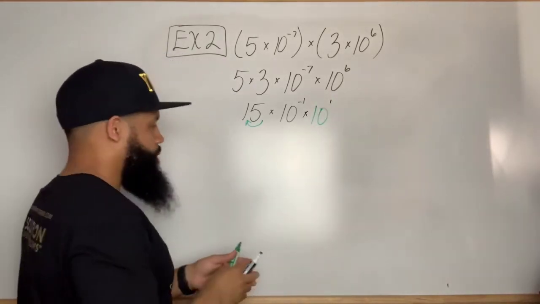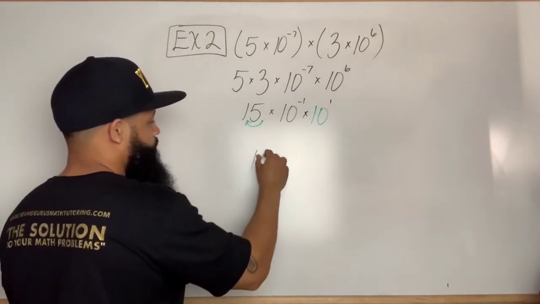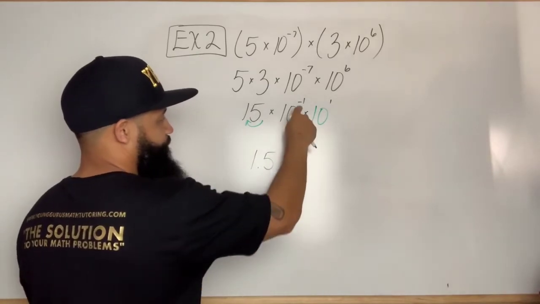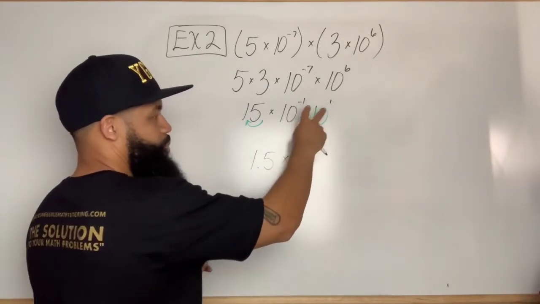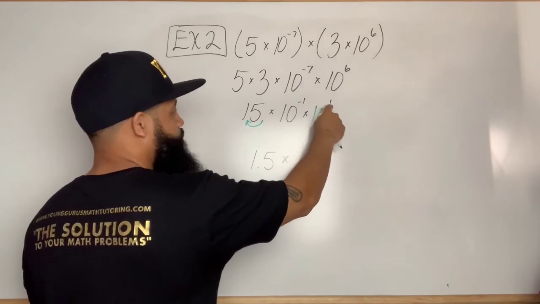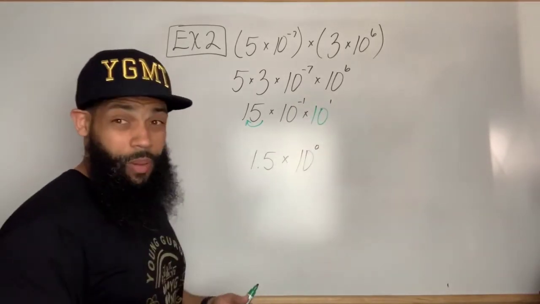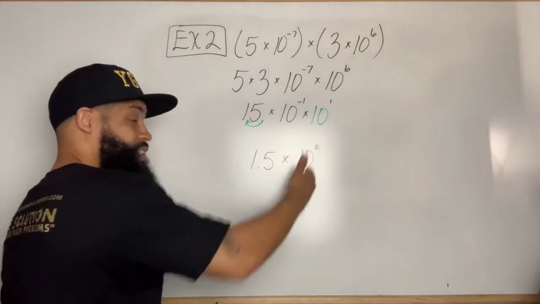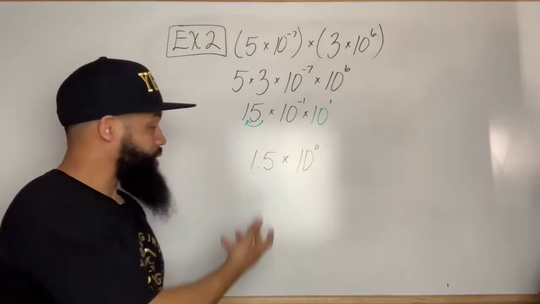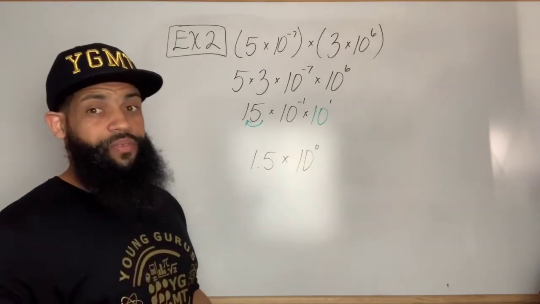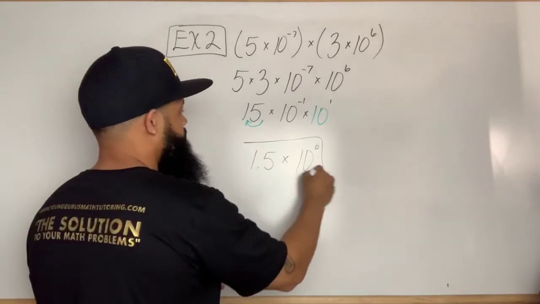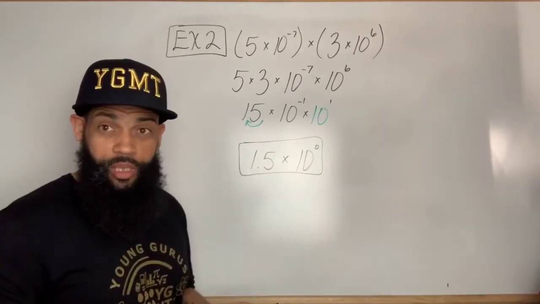That gives me 1.5 times, and if I add these exponents, because they have the same base, negative 1 plus 1 is 0. So 10 to the 0 power, which equals 1. So this really equals 1.5, but this is your answer in scientific notation.